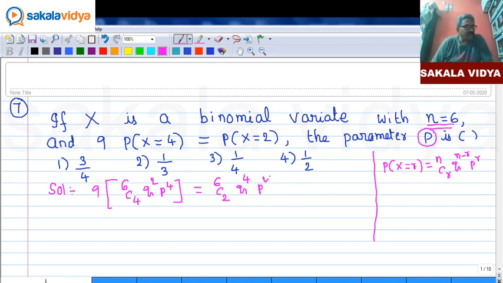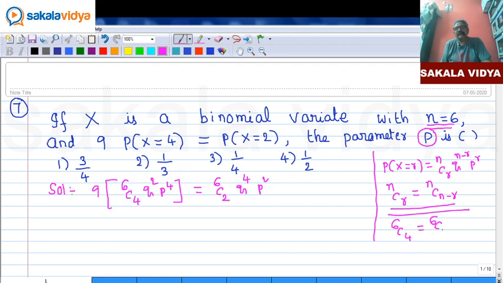So, in binomial theorem we have one interesting formula, NCR equals NC n minus r. Using this formula, 6C4 is same as 6C 6 minus 4, 6C2. That means 6C4 gets cancelled.